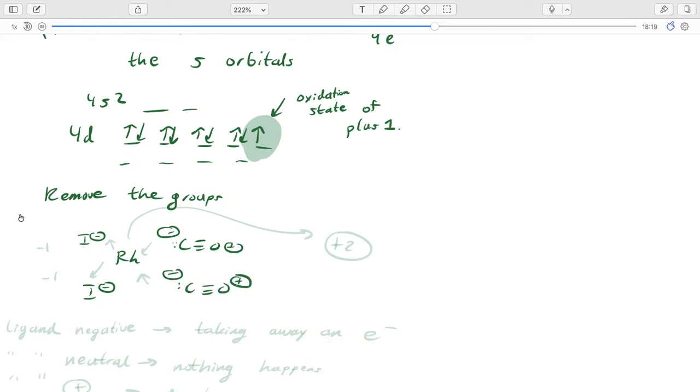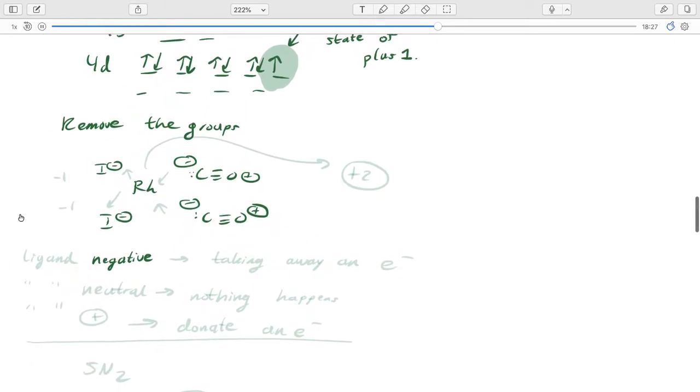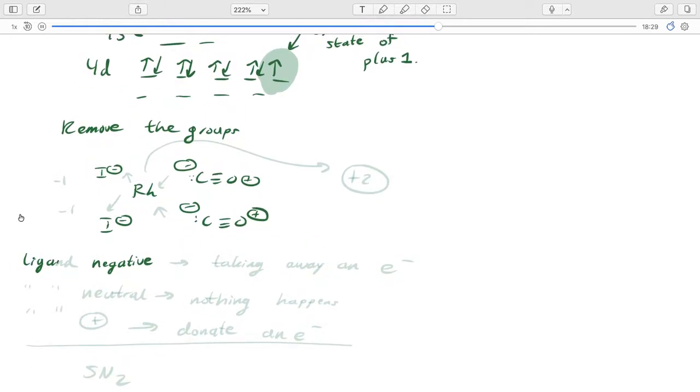So that's where we're talking about the neutral versus positive. If it's negative, the group, the ligand, it's taking away an electron. And if it's neutral, nothing happens.